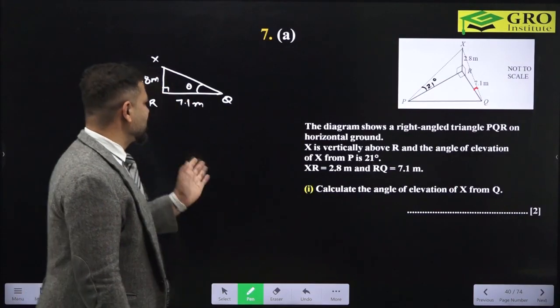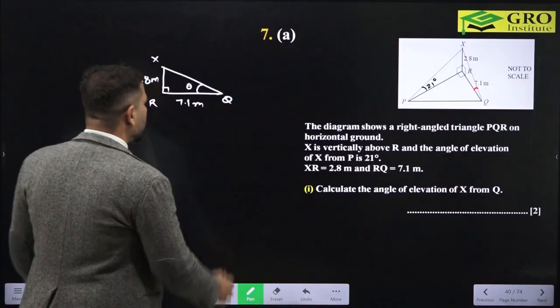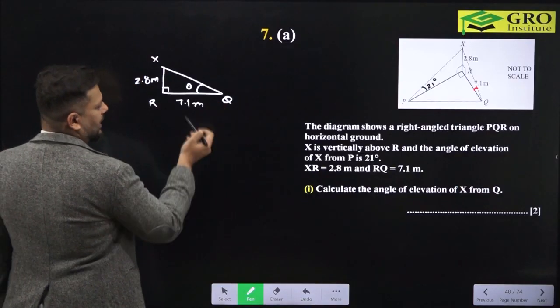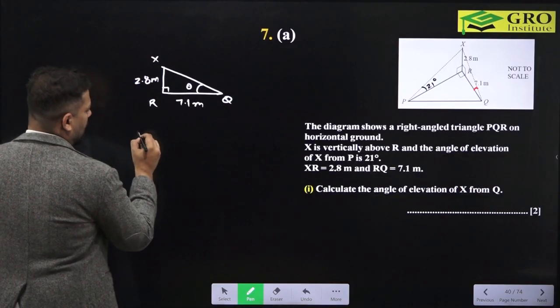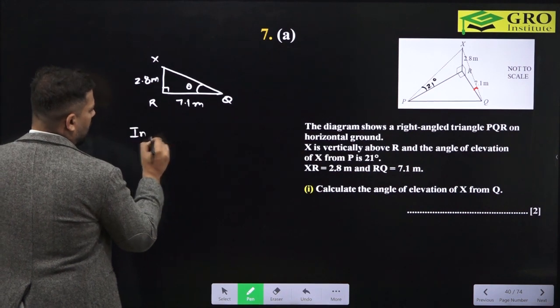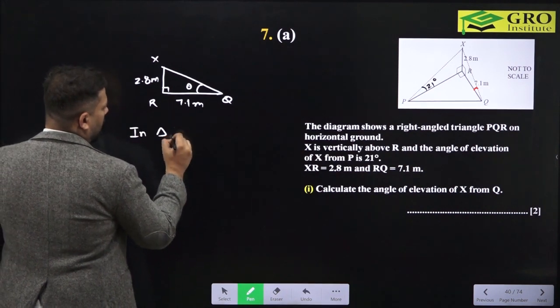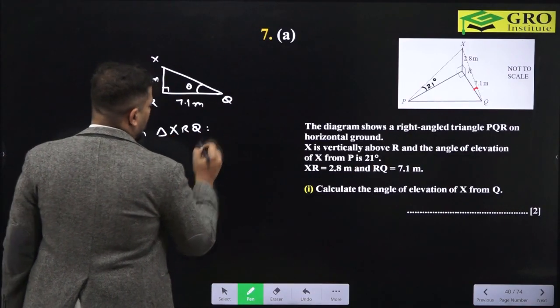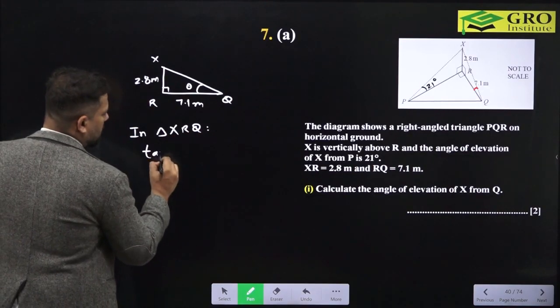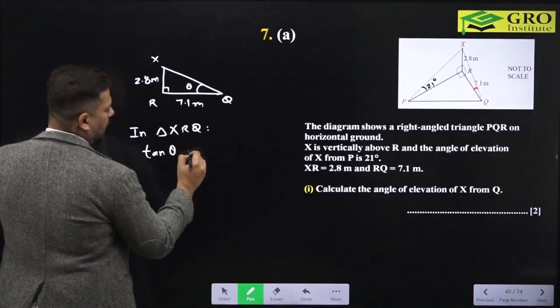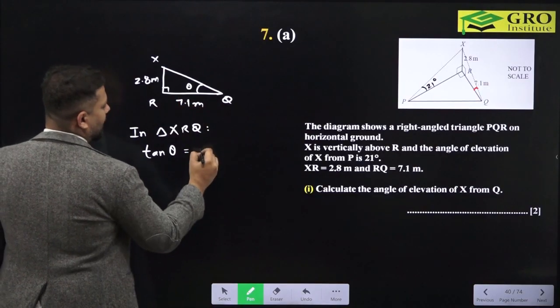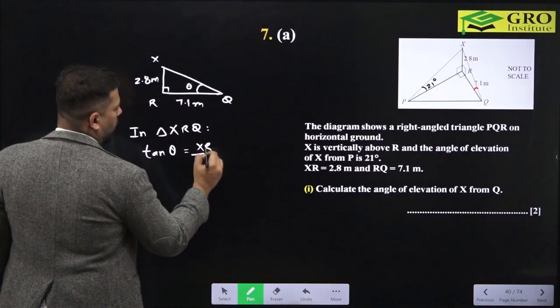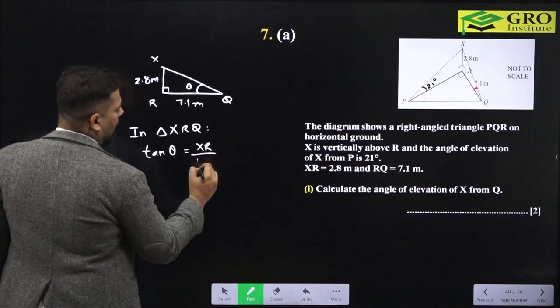This theta needs to be found out. Let us use the basics of trigonometry. We know that we can use the tangent of this elevation, tan theta, in triangle XRQ. Tan theta will be perpendicular, that is XR, upon base, that will be RQ.